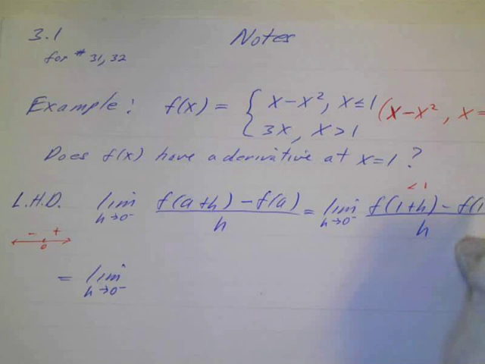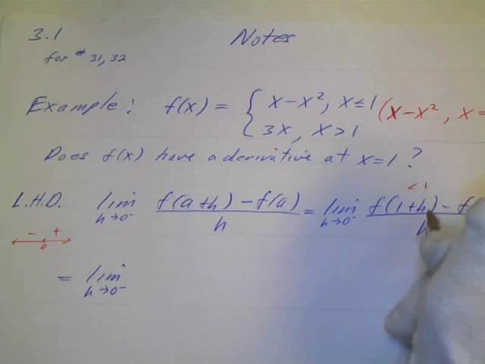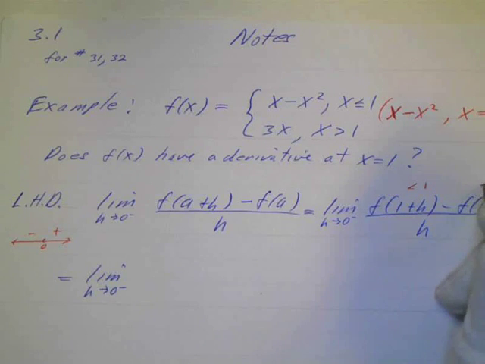And f of 1 is no problem. That's equal to 1, so we don't have a problem there. So when it's less than 1, and in this case, this number in here, this is the x, not the whole value. So this x is going to be less than 1. In this case, the x equals 1.